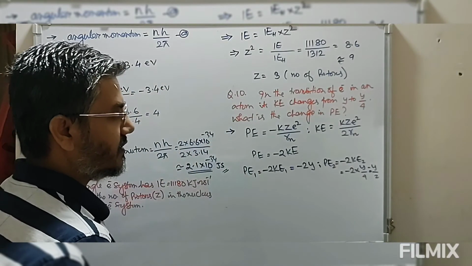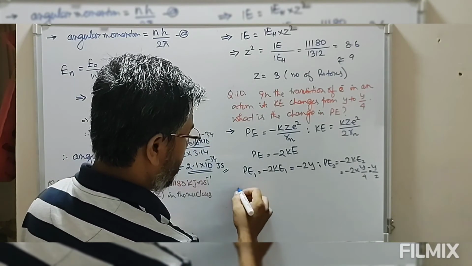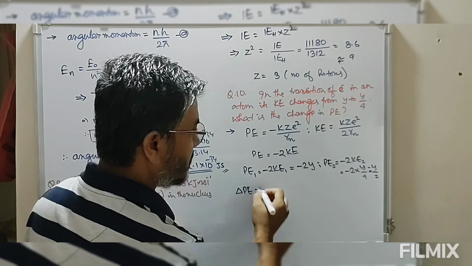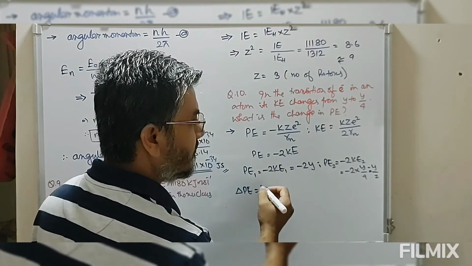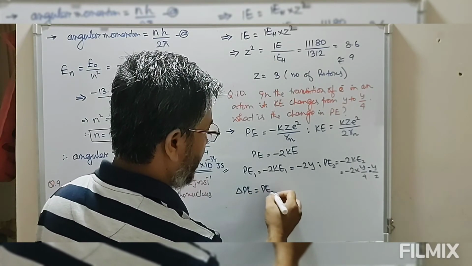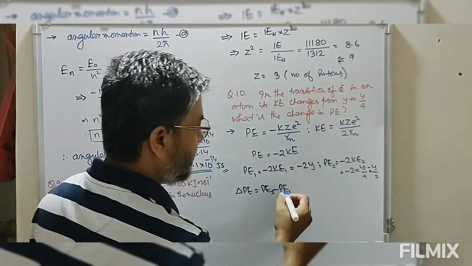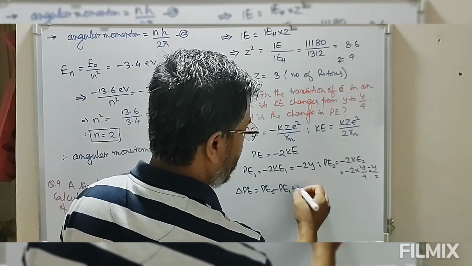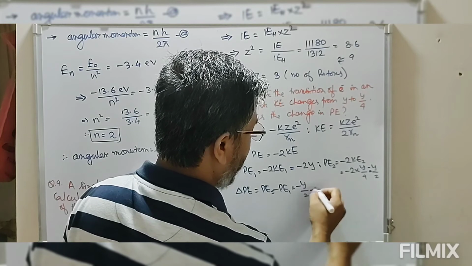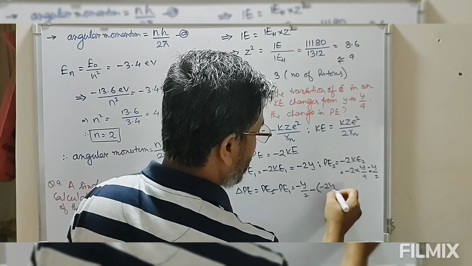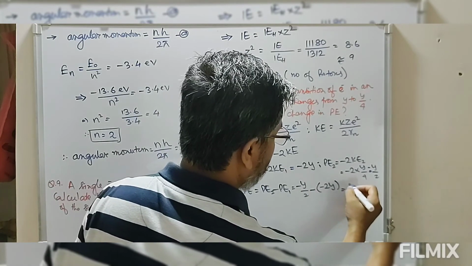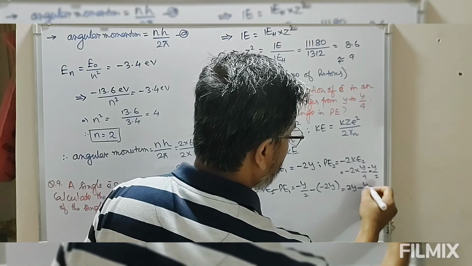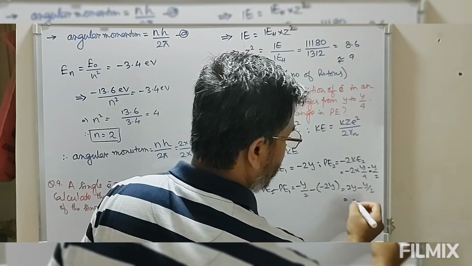Now the change in potential energy is equal to P2 minus P1. P2 is minus Y by 2, minus minus 2Y, so this equals 2Y minus Y by 2.